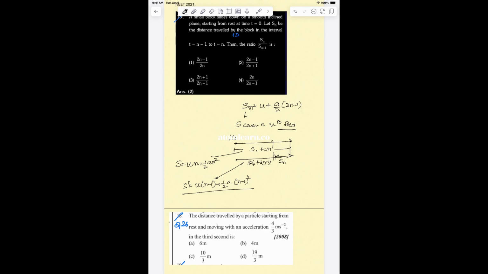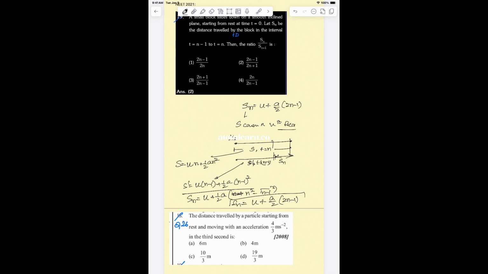The difference between them is what is covered in the nth second. Subtract it, and you get u plus half a into n squared minus n minus 1 whole squared. So Sn equals u plus a by 2 into this difference, and the bracket term comes to 2n minus 1. That's how we got this particular equation.